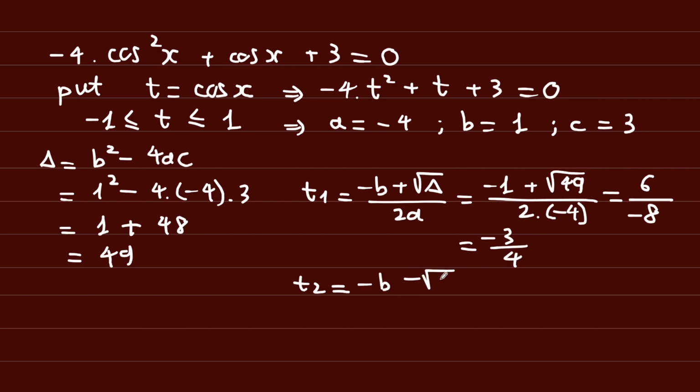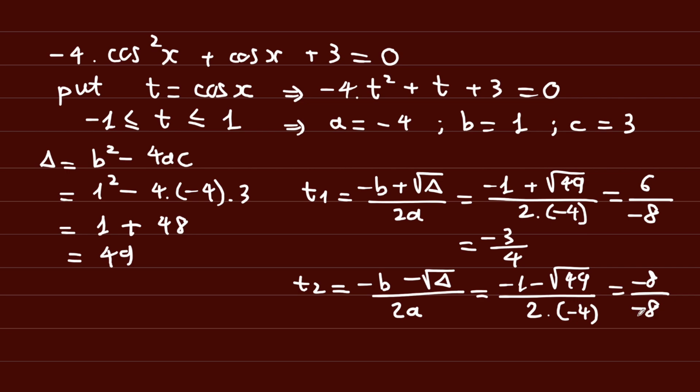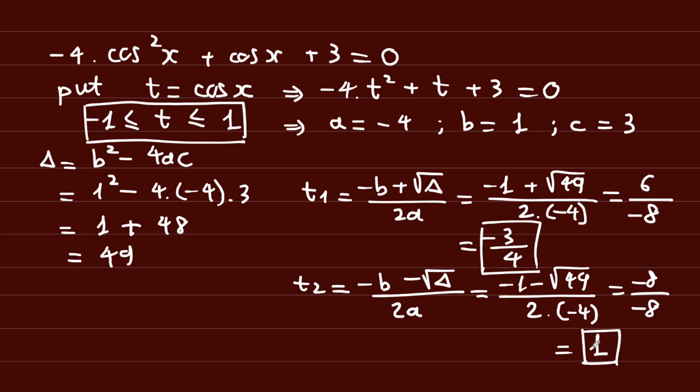The next one corresponds to the other solution formula. You get minus 1 minus square root of 49 over 2 multiplied by minus 4. Here it is minus 8 over minus 8, and of course the result will be 1. You can see that minus 3 over 4 belongs to this domain, and the value of 1 also belongs to this domain. So we can accept both solutions.